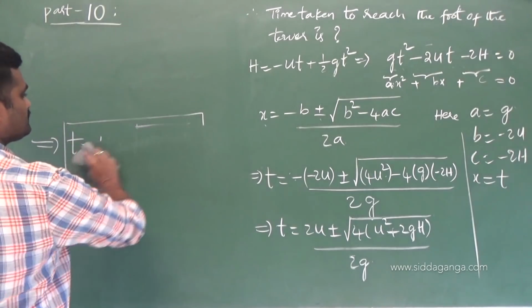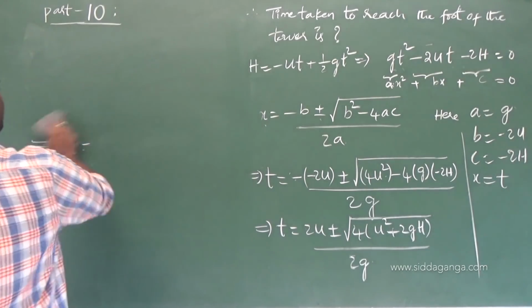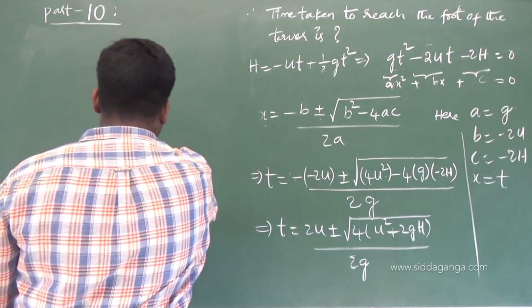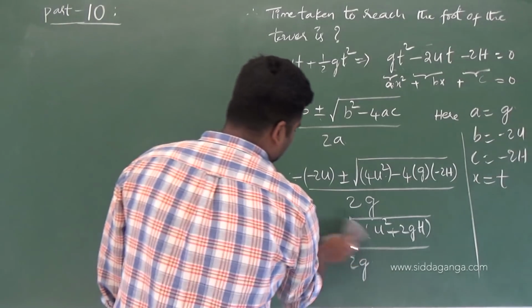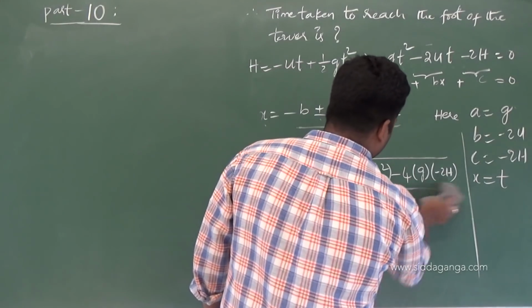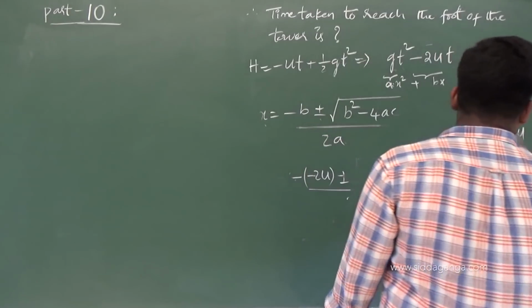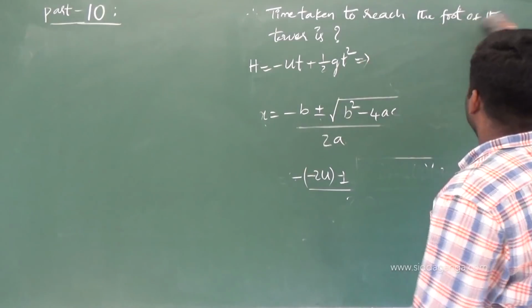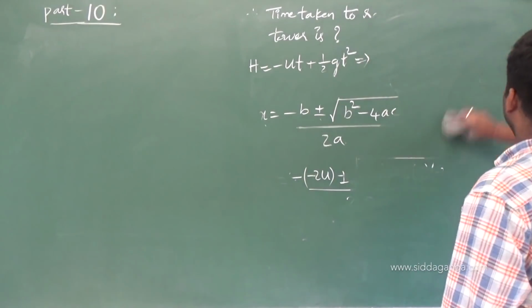A few examples I will discuss now. We will see examples where all we can make use of these height of the tower problems. The concept related to the height of the tower we will study.